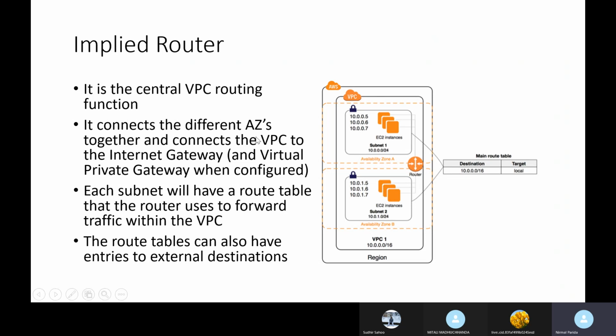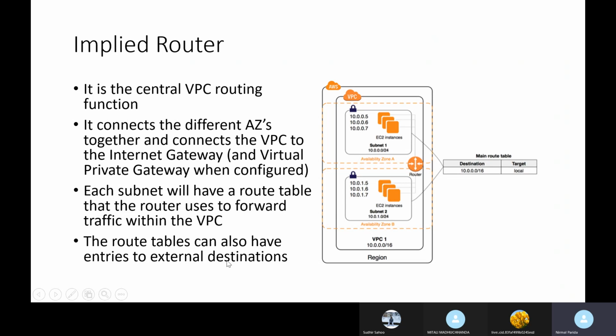It connects the different edges together and connects the VPC to the internet gateway and virtual private gateway when configured. Each subnet will have a route table that the router uses to forward traffic within the VPC. So as per your route table's traffic rules, your router will decide whether to route or not.